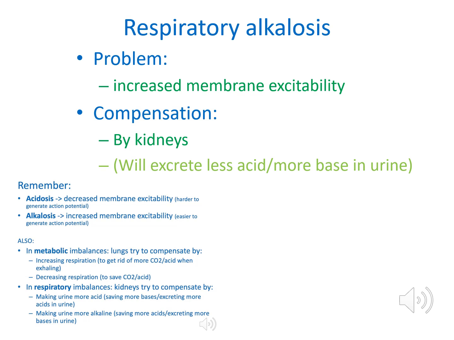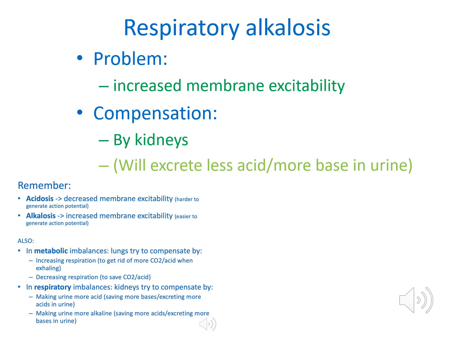Now, since this is a respiratory alkalosis, which body system caused this problem? Your lungs. So which body system should be trying to compensate for it? Your kidneys. Okay, and how should your kidneys try and compensate for respiratory alkalosis? Well, the kidneys should be trying to excrete less acid or excrete more base in the urine.